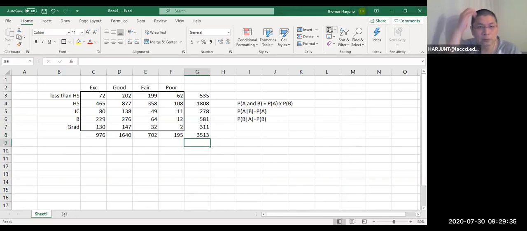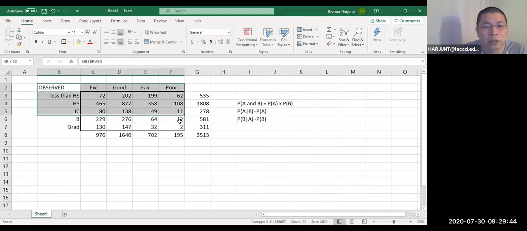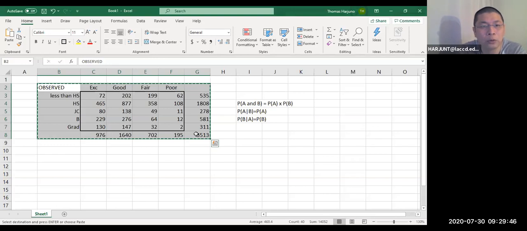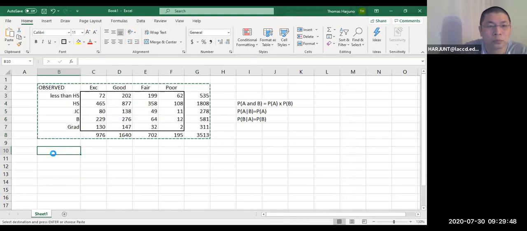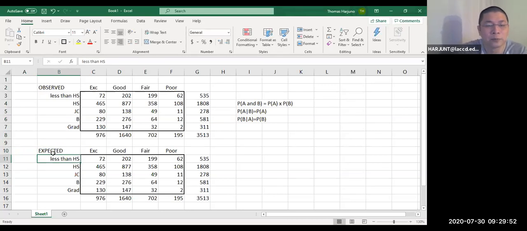Now this is the observed. Right? This is the observed. Now, I will do the expected here, but this entry here I will make empty.